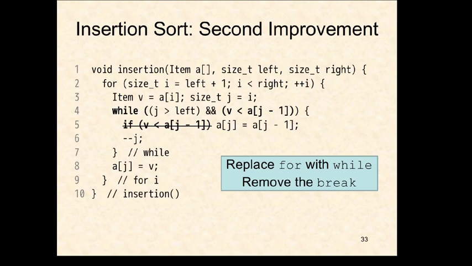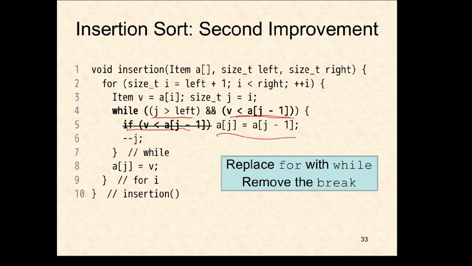The while loop says, while I'm not off the left-hand end, and I have not found the correct place to put it yet. I've moved this if, this if right here, up into the while loop. So while I haven't gone off the left end and I haven't found the right place to put it, I do the assignment.